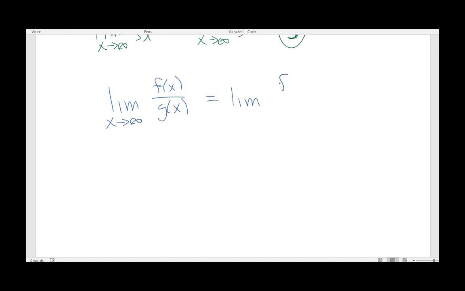So what we're really looking at is the rate of growth of the numerator and the rate of growth of the denominator. That's what we're comparing. Whichever one grows quicker and gets to infinity first wins the race. If the numerator gets to infinity first, the whole fraction is infinity. If the denominator gets to infinity first, the whole fraction is 0. And if they go at about the same rate, it's a roughly constant ratio.